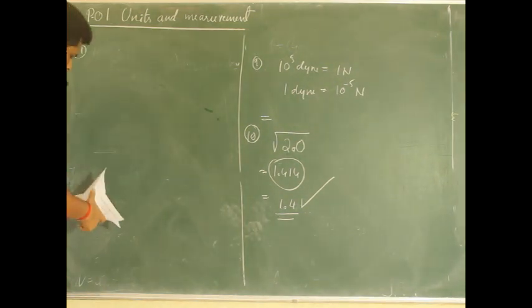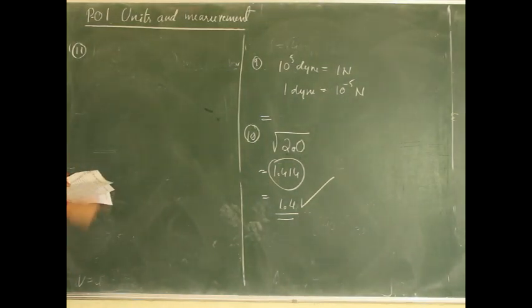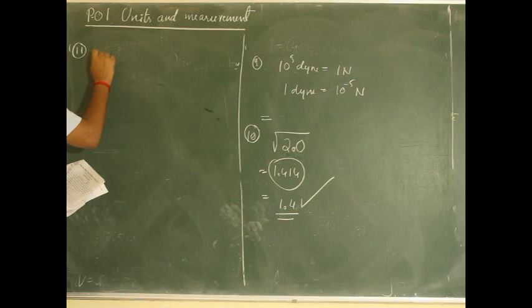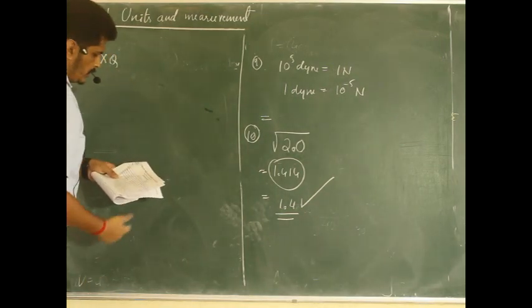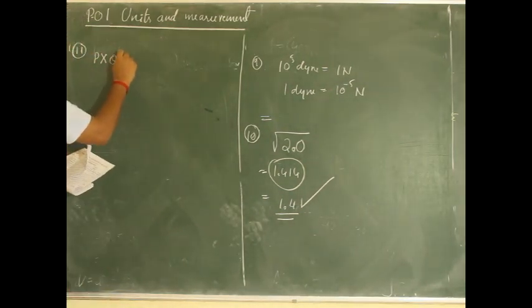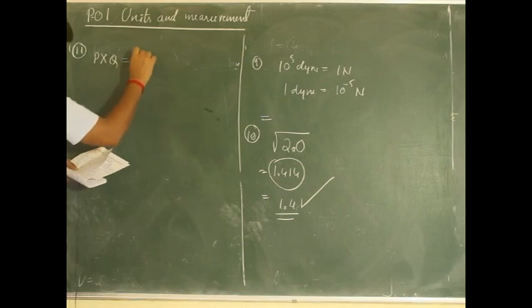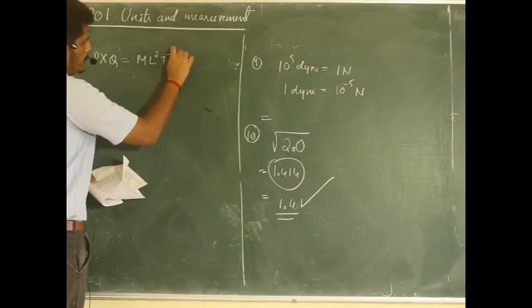Question number 11 says that the dimensional formula for the product of two physical quantities P and Q is, that means, two physical quantities are there. When they are multiplied, that means when P and Q are multiplied, the dimensional formula at the end of the answer is M L square T minus 2.